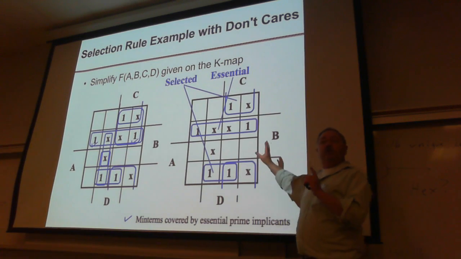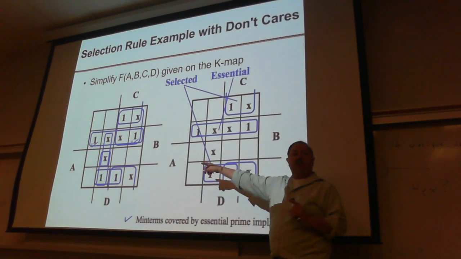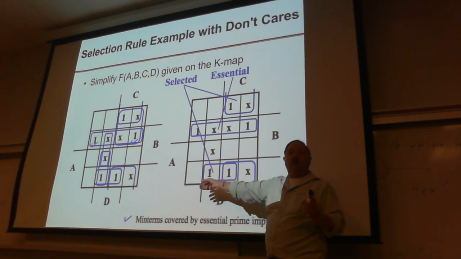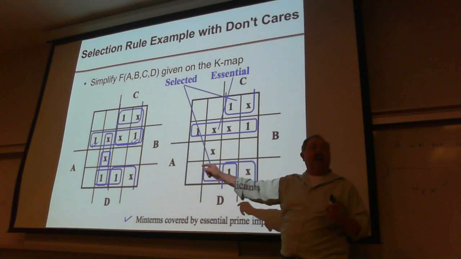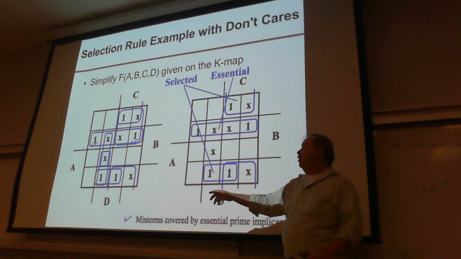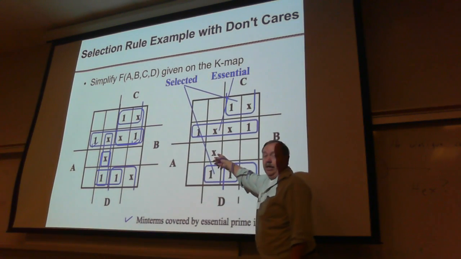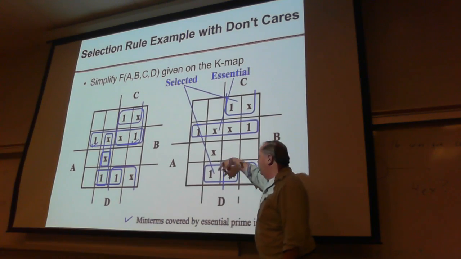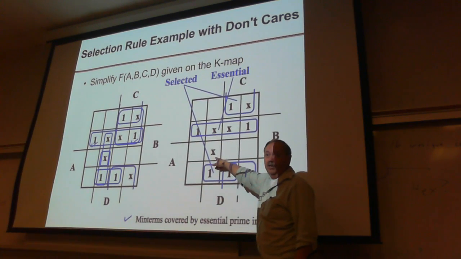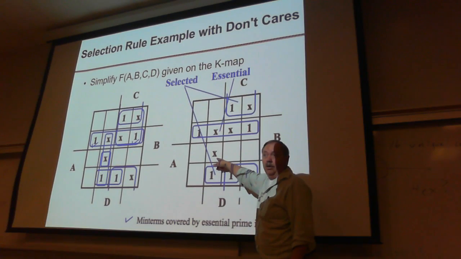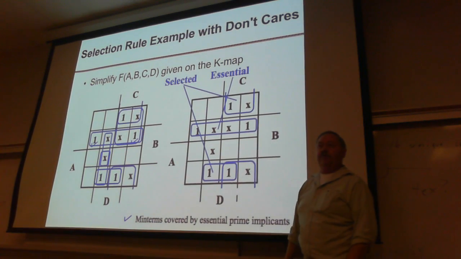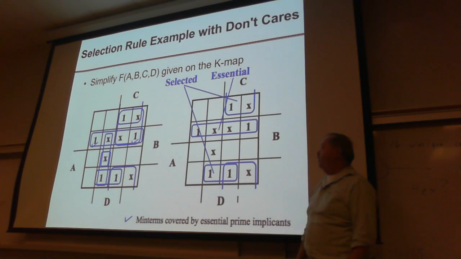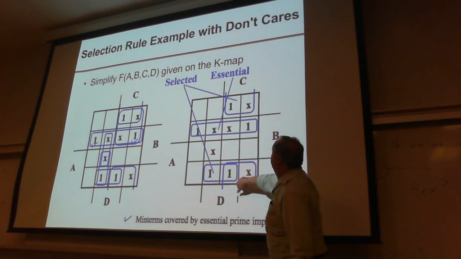The big difference between this step and that step is it's like a wild card. It could be a 1, it could be a 0, it's not going to change your outcome. Therefore, it can be in the set. If it's not in a set, and I can create fewer sets without considering this particular don't care, that gives me my optimal solution because I don't care if it's a 1 or a 0. Right? So I'll collect this set of 4.